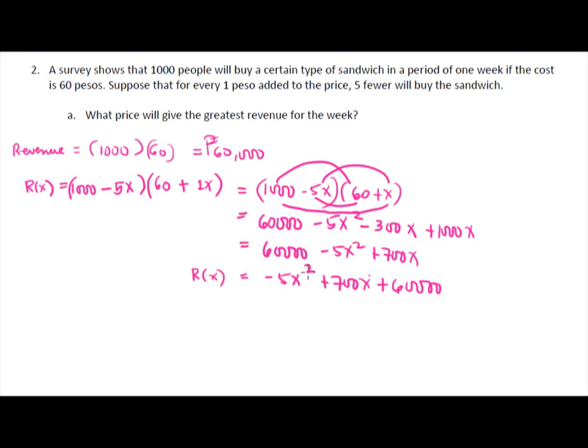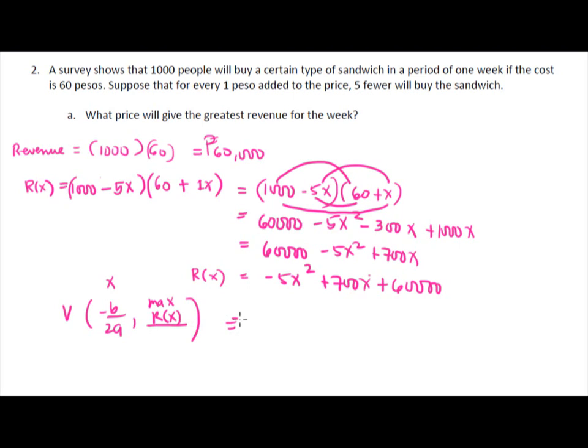In order to get this maximum, we have to find the vertex of this function. We know from number 1 that the vertex will have negative b over 2a as the value of x, and this will be the maximum revenue derived from whatever value you get for x. This will be the maximum r of x.